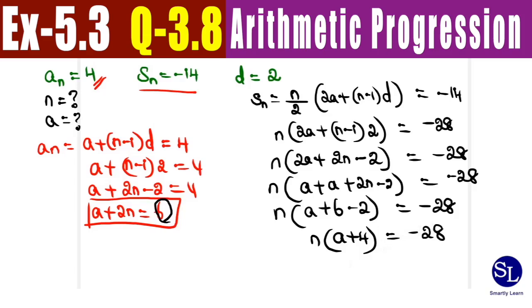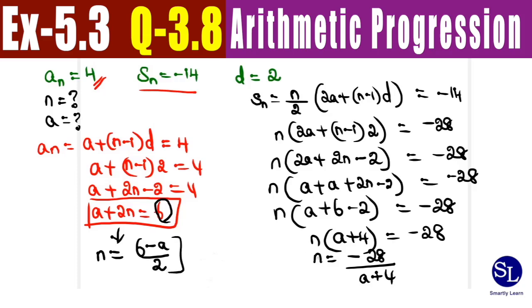So now let's write n and a in terms of each other, because I need to substitute and find the value of it. From this particular expression, I can write n is equal to (6 minus a) by 2. From this particular expression, I can write n is equal to minus 28 divided by (a plus 4).